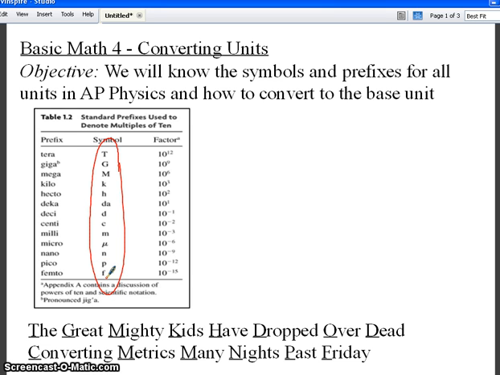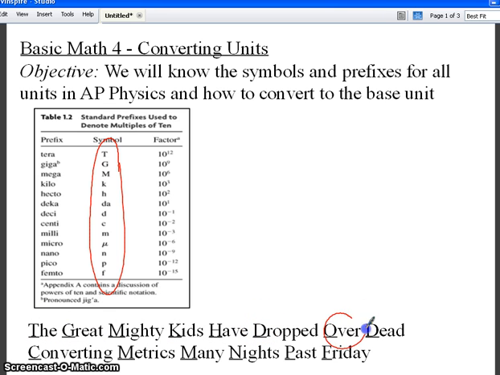And a good little saying that I like to help you remember all of these is: The great mighty kids have dropped over dead converting metrics many nights past Friday. So I'm going to say that again. The great mighty kids have dropped over dead converting metrics many nights past Friday. So T, tera, giga, mega, kilo, hecto, deca.